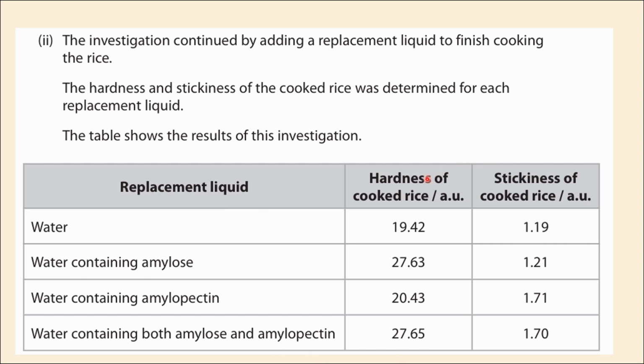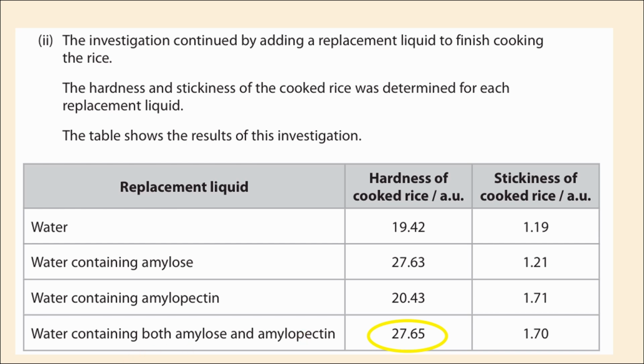And when you are comparing the hardness and stickiness of cooked rice, we need to determine which component contributes to each property. So looking at the hardness of cooked rice, we see that the highest value is 27.65, which corresponds to the water containing both amylose and amylopectin.